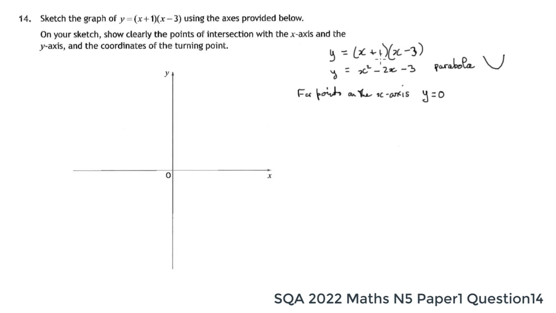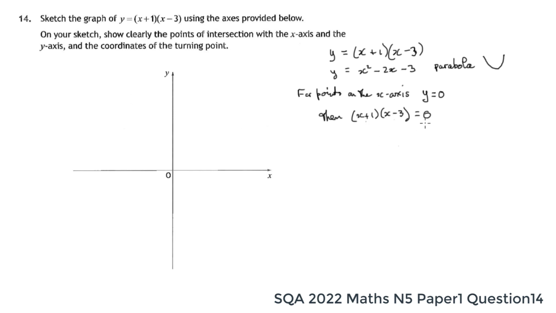Now, if we take this formula that we're given for this graph, then we can substitute y equals 0. So we have x plus 1 times x minus 3 equals 0. And we have a good old quadratic equation. It happens to be factorised.